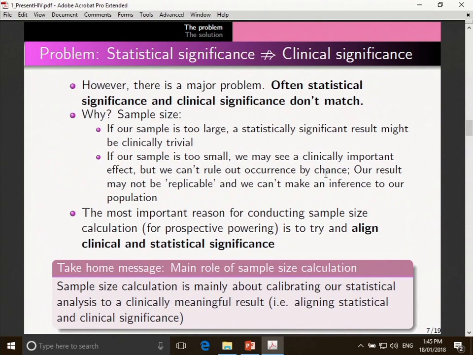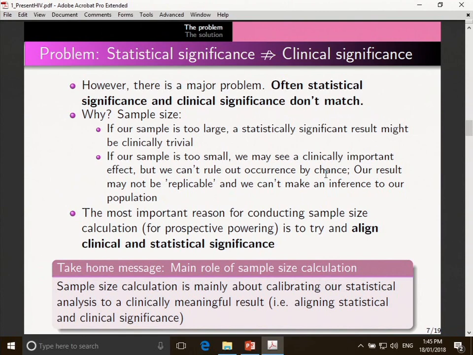However, one of the problems is that statistical significance does not necessarily imply clinical importance. Often they don't match up. Why? Usually sample size. Sample size is the number one thing that disconnects statistical significance and clinical importance.